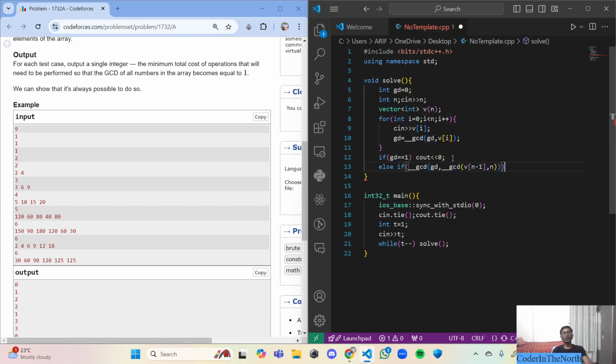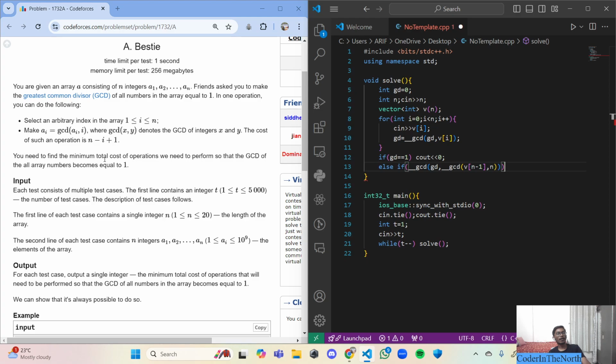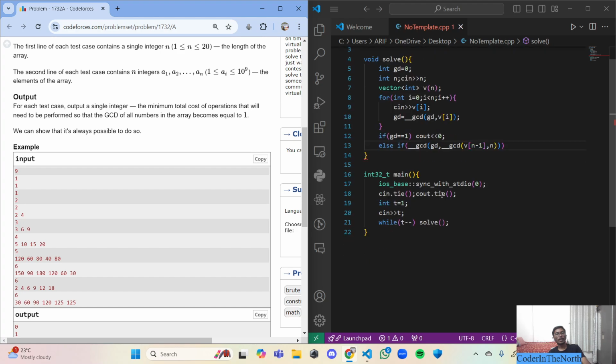Okay, here we are considering one-based indexing. Whenever I am using that i, here i is one-based indexing because you can see it's from 1 to n, even though my actual numbers are zero-based indexed. Whenever I am taking i I have to consider one-based indexing.